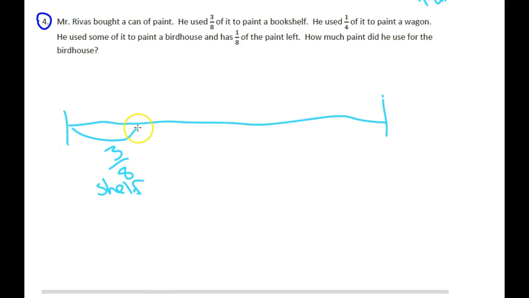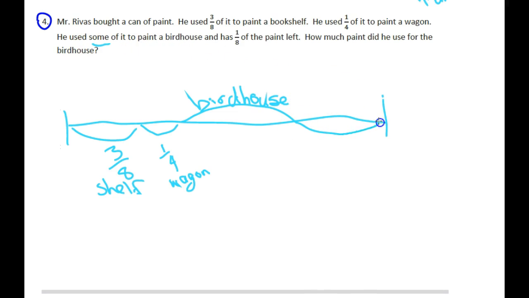And he used 1/4 of it for a wagon. And he used some of it for a birdhouse. We don't know how much. It just says right in there, some. And then there was 1/8 of it left.